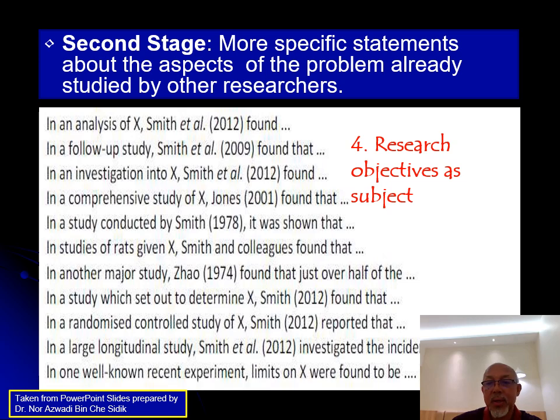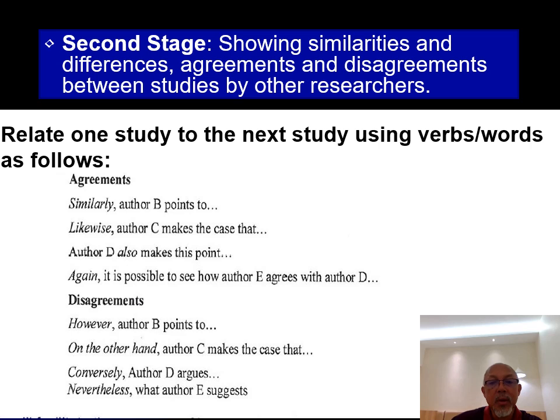So this is another one. Okay. One important thing is for us to make sure that the verbs showing similarities, differences, agreement, disagreement between studies by the researchers are included inside your literature review. This is the one that actually shows you put thinking into the writing.